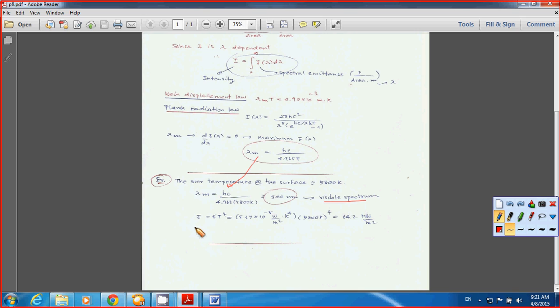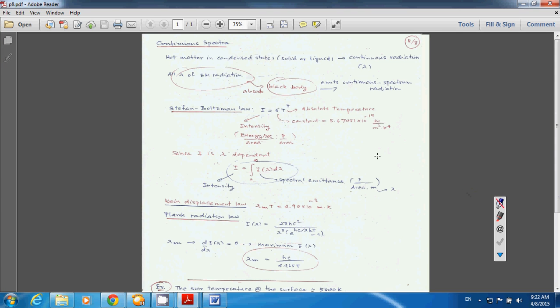And the intensity of the radiation is equal to sigma T to the fourth, where sigma is 5.67 times 10 to the negative 8, and T is 5800 Kelvin to the fourth. This gives you 64.2 megawatt per meter squared, or per unit area. Okay, so that's all about continuous spectra. This one is just a refresher, and then we talk more in the next YouTube.